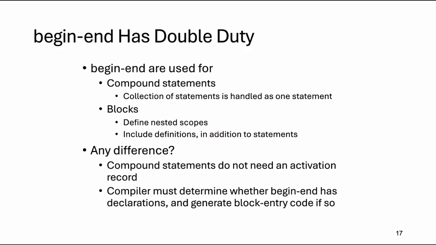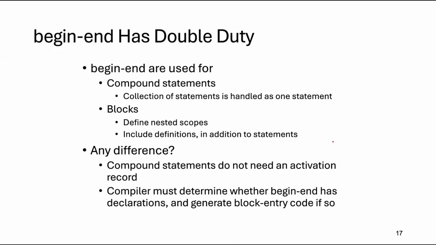Also, the begin and end have more of a double duty. They are used for compound statements, and they are used as well for blocks, for defining nested scopes, as we have seen when we talked about the contour diagrams. When they are used as blocks and not as compound statements, they can include definitions in addition to statements.